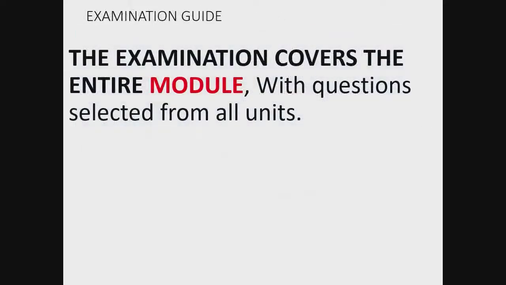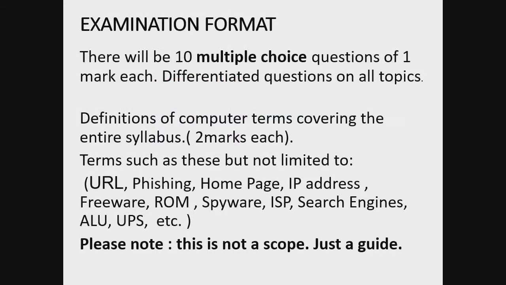In computer literacy 2, the entire module is covered with questions selected from all the units. Now, the format of the exam. When you get your examination question paper, you are going to see, first of all, 10 multiple choice questions, of which each question is 1 mark.